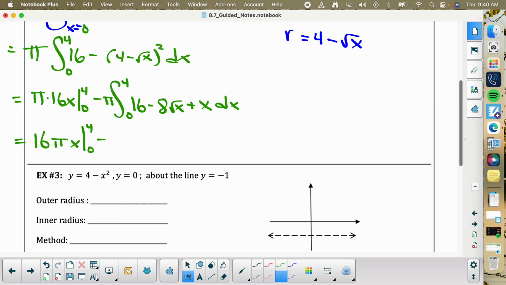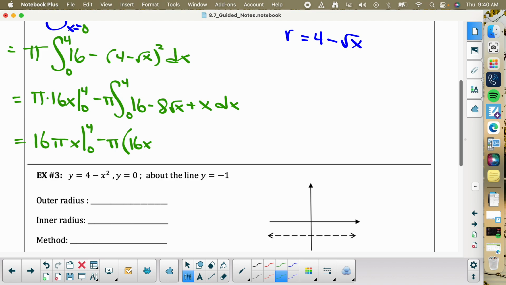So then would it be 16x? Do you remember how to integrate 8 root x? I bet this is the one a lot of people here may forget because we haven't done it for a while. Power rule. So this is 8x to the half.